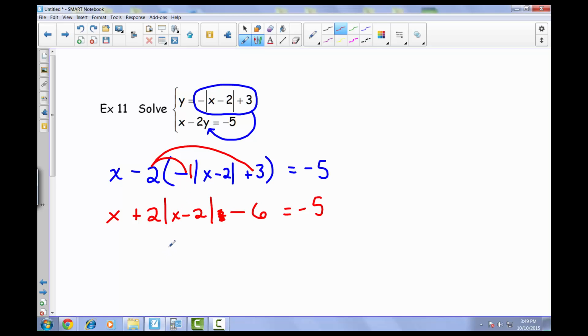Now let's go ahead and try and solve for x here. We end up by adding 6 to both sides, so that's x plus 2 times the absolute value of x minus 2 is equal to 1. One issue that we're running into here is the fact that we have this x on the outside, and we've also got this absolute value of x.